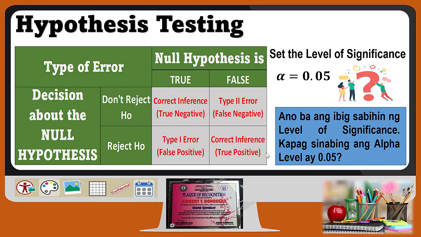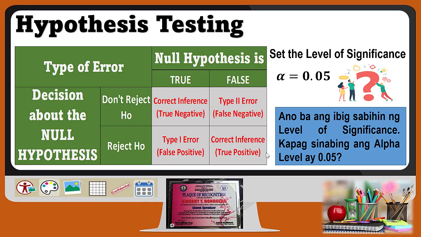At ito yung ibig sabihin ng level of significance. Yan. So, ibig sabihin, a level of significance, let's say for example, ang ginamit natin is 0.05. O ano bang ibig sabihin ng 0.05? Margin of error. Tama ba? Margin of error, 0.05. Ano bang ibig sabihin ng 0.05?